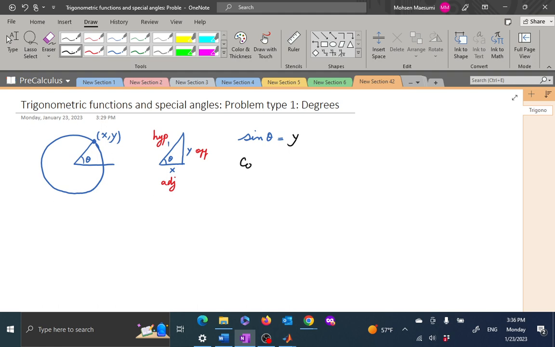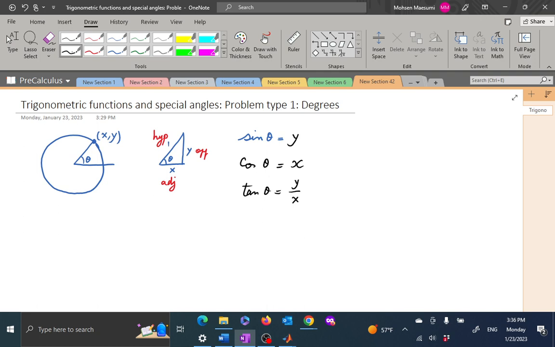For cosine of theta, you have heard about adjacent over hypotenuse, but here right off the bat we just define this as x. Tangent of theta, opposite over adjacent, is just going to be y over x.